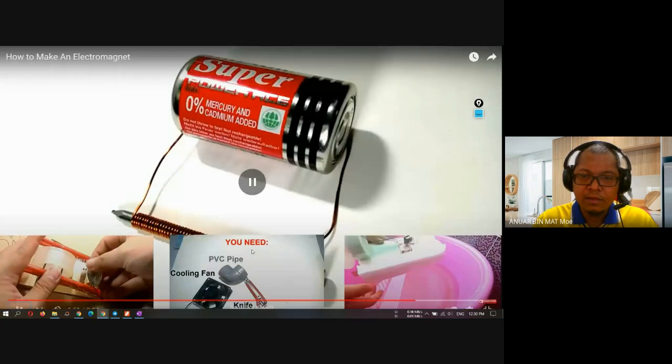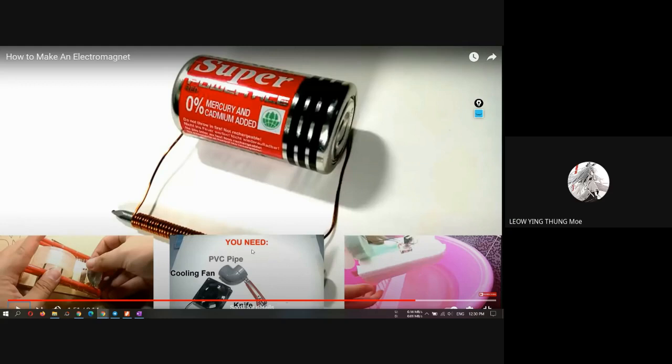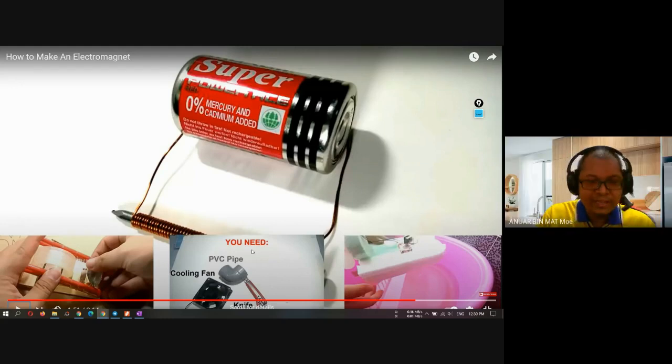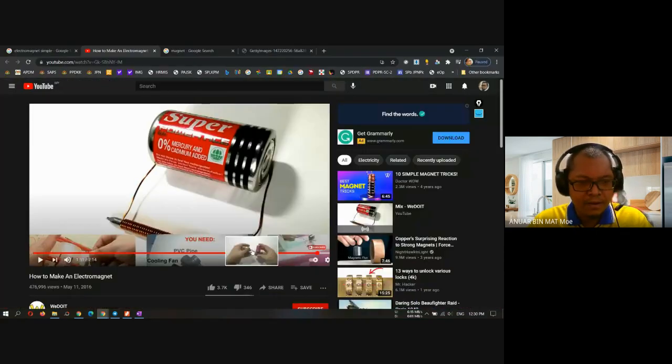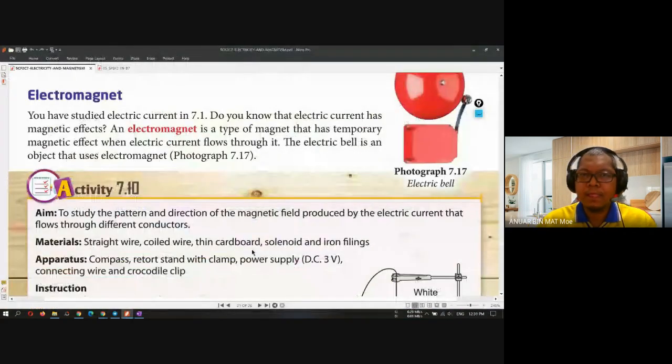Okay, can you understand this, class? Can you understand what an electromagnet is? I think you can do the experiment, the activity, yourself at home, to create what we call an electromagnet. Okay, we continue.